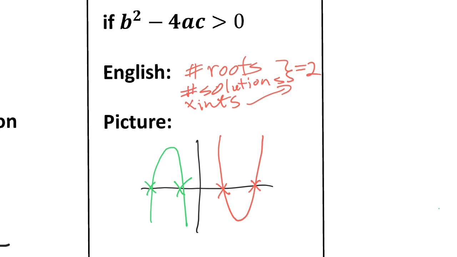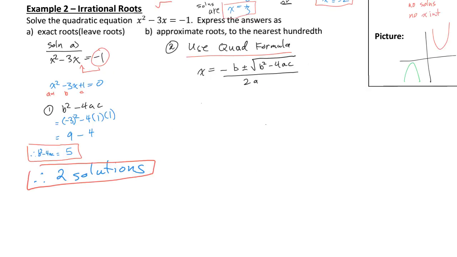If b squared minus 4ac is greater than 0, and in this case our number is 5, that means we have two solutions, like our picture there. Back to the problem: there are two solutions because b squared minus 4ac is bigger than 0. Now we're going to get the exact solution by substituting into our equation.